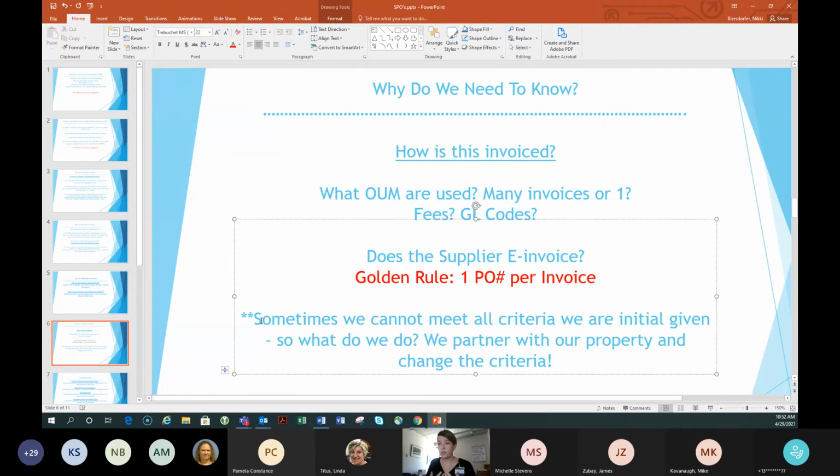Sometimes we can't issue 15 POs for 15 different people to manage at 47 GL codes, right? Sometimes it doesn't work. The system can't make that work, at least not easily. And the less exceptions we make to these standards, the better off we're going to be as a company. But what do we do if we can't do this? Do we just process it in non-PO forever? Probably not a best practice.